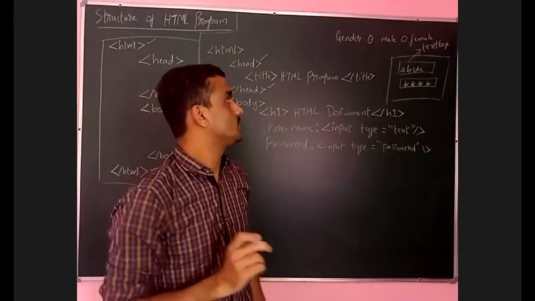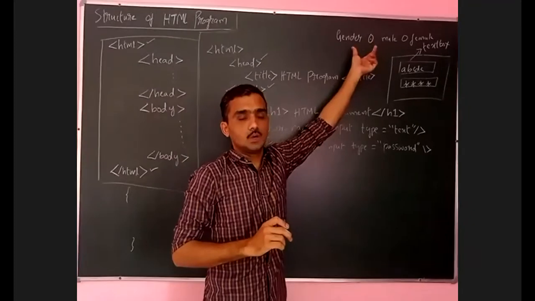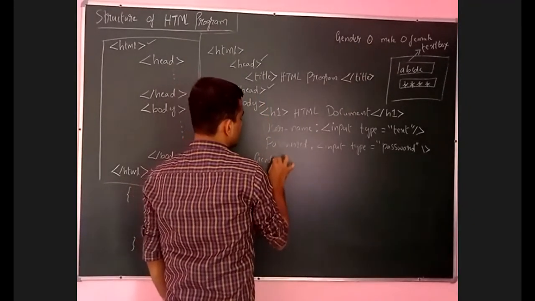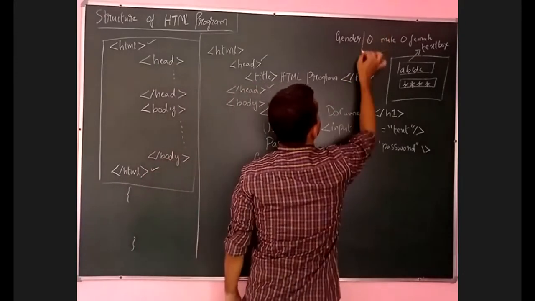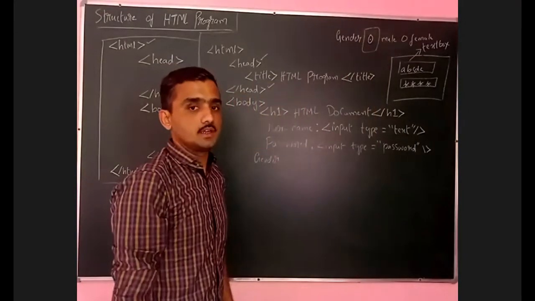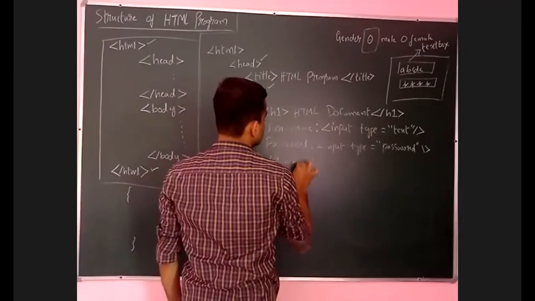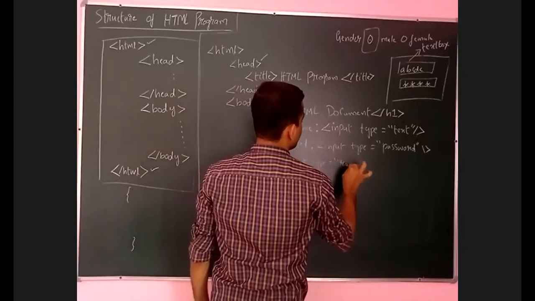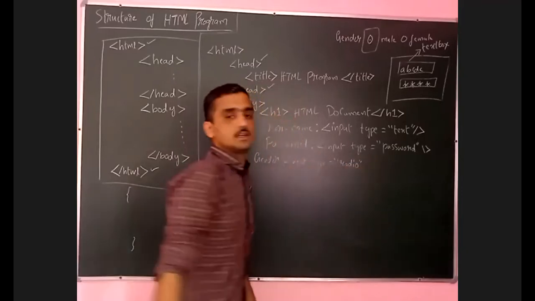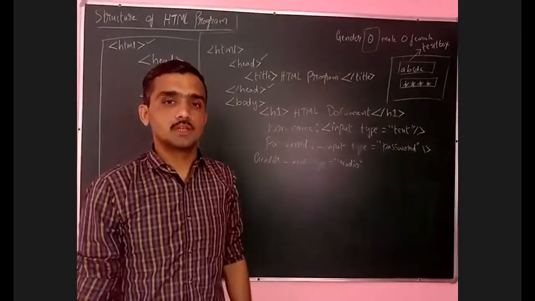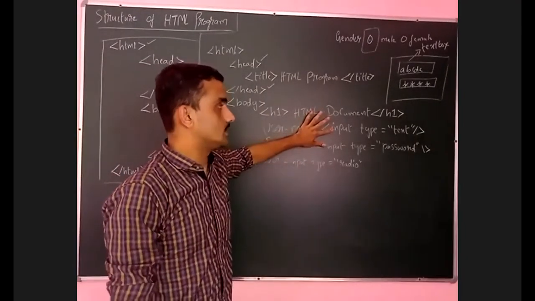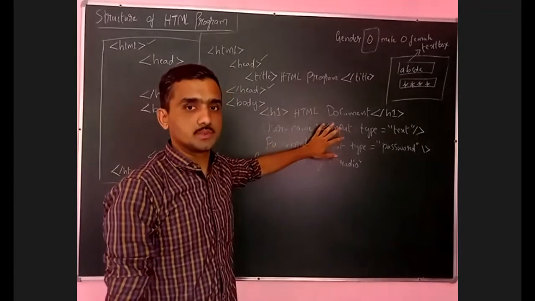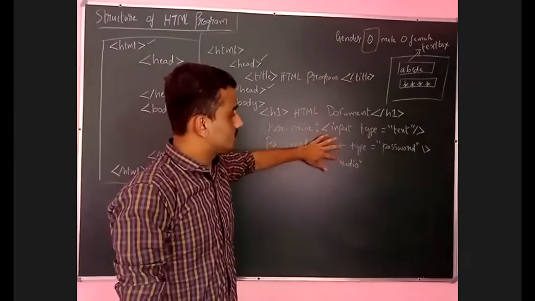To achieve this on the output, that is on the browser, how do we do it? Gender. For this thing to appear on the screen, input, type is equal to radio. That button is called a radio button. So, a text box with text appearing, a text box with text not appearing, that is like password, and this is the radio button.